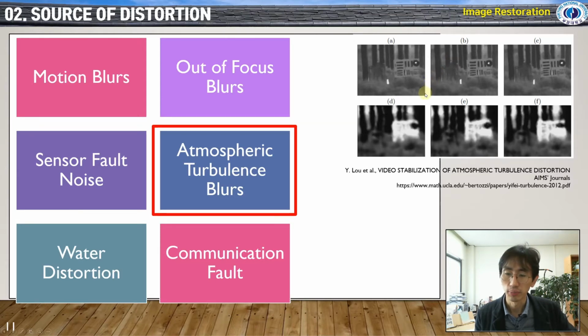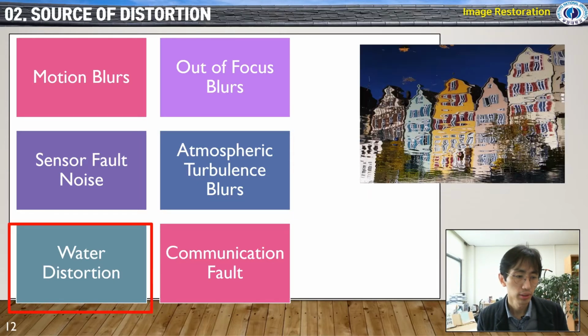The air conditions between the target and the camera have a big effect on the taken images. See? This is atmospheric turbulence blur.